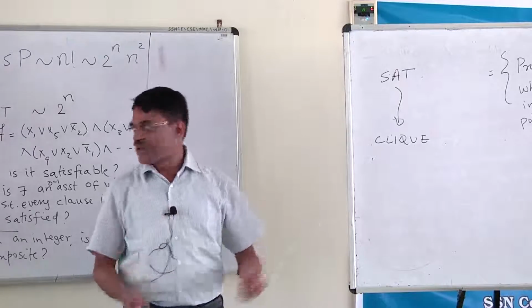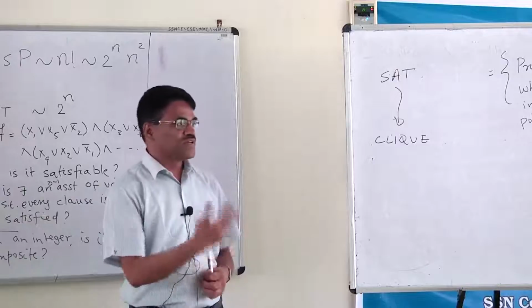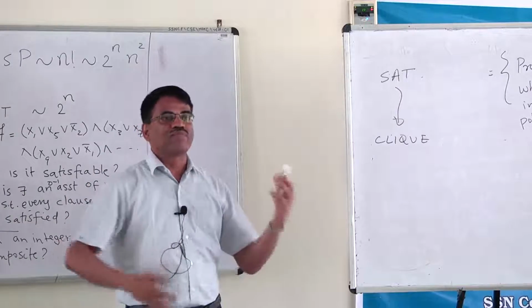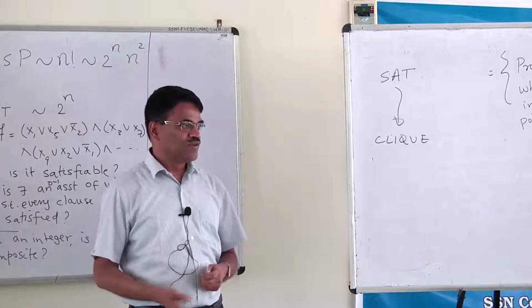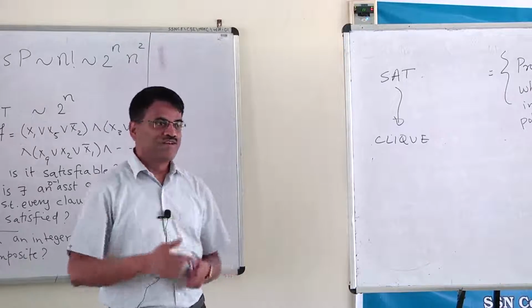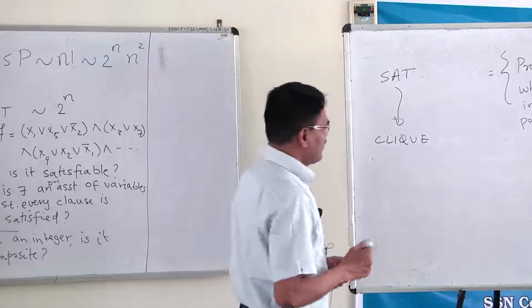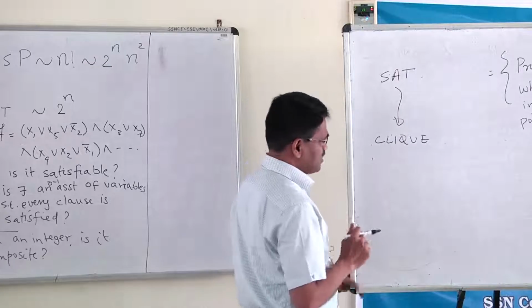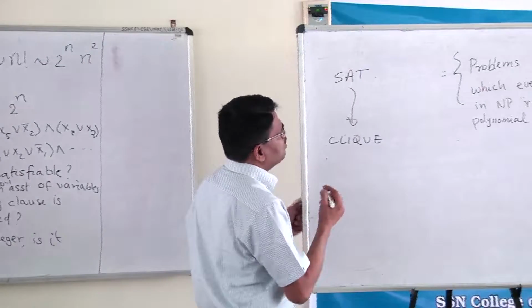How do you relate these problems? That was Karp's genius, and now it's become a routine thing for people to do this. We even ask this as an interview question or exam question.